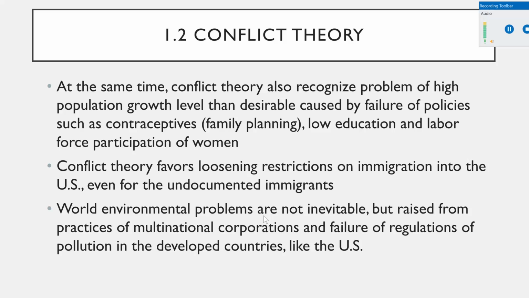So they think the distribution of resources is very problematic, and they allow weaker regulation for immigration. But in contrast, they think the U.S. and other developed countries need stronger regulations about pollution levels, environmental safeguards, or environmental protections.